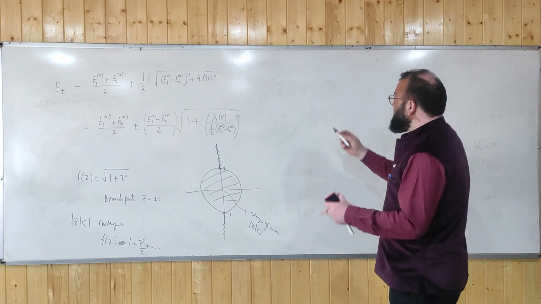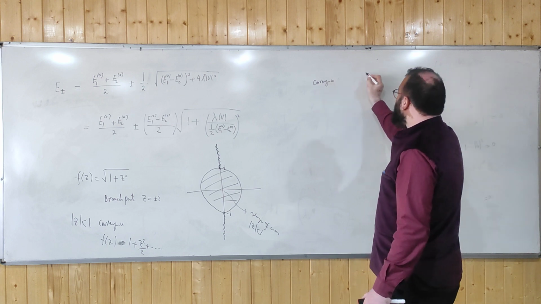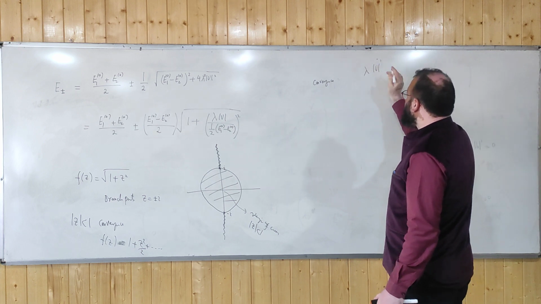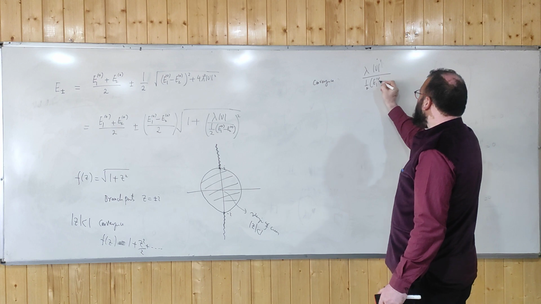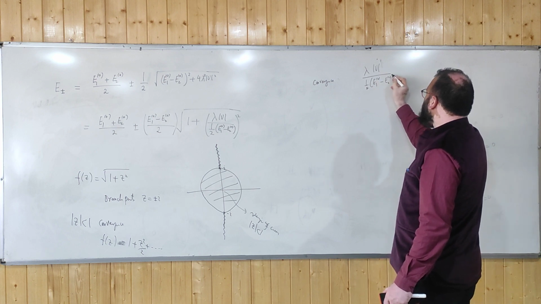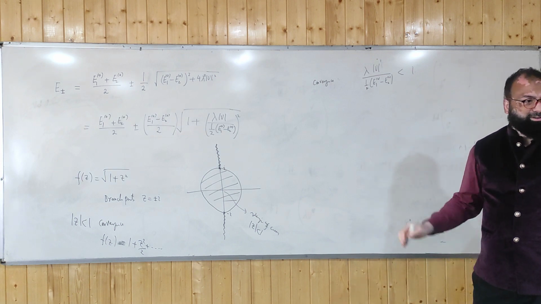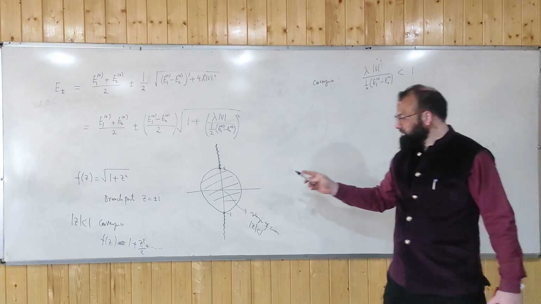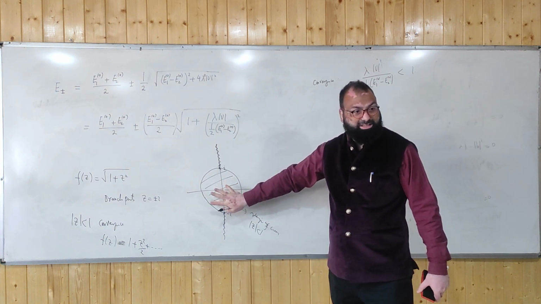So the convergence will be like this: lambda mod of v squared, sorry, mod of v by half of E1 naught minus E2 naught, and this should be less than 1. So now you have the condition for the perturbation to be valid. The perturbation theory is valid only within the region of convergence.